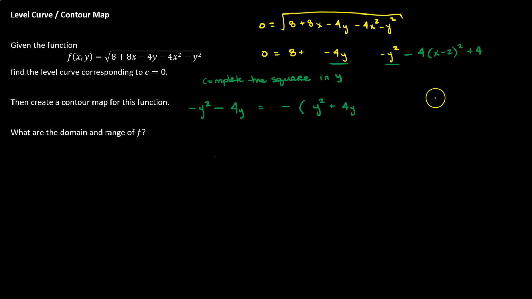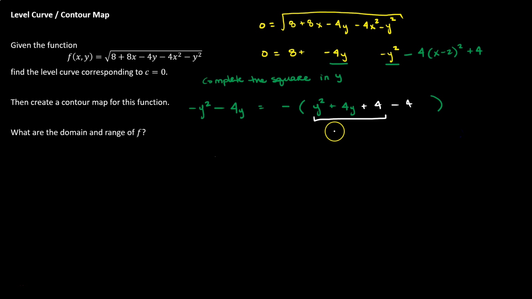And then we're going to complete the square inside of our parentheses. So I take the b, cut it in half, and square it. That would be 4 over 2 squared, or 2 squared, which is 4. So I'm going to add and subtract 4 so that I can complete the square in the first 3 terms.